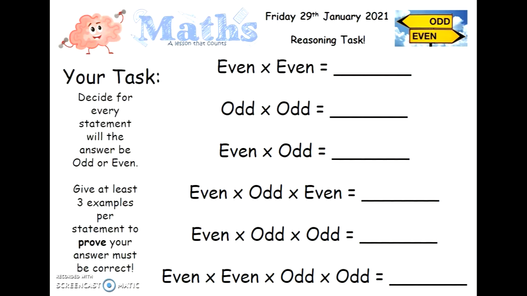I'd like to know, please, each time, for every statement, will the answer be odd or will the answer be even? For every single calculation, I'd like you to give me 3 examples to prove that your answer must be correct. You've really got to convince me, yourselves, maybe someone at home, that you have got that correct. Okay, so really check them carefully. And I hope you enjoy exploring.